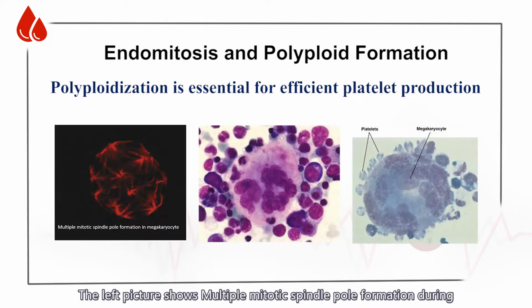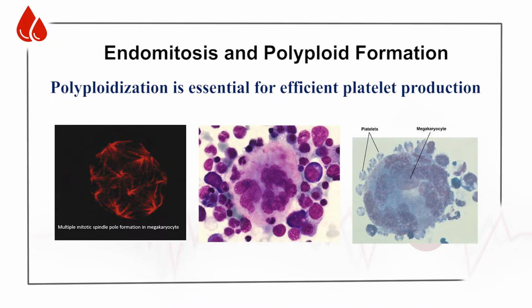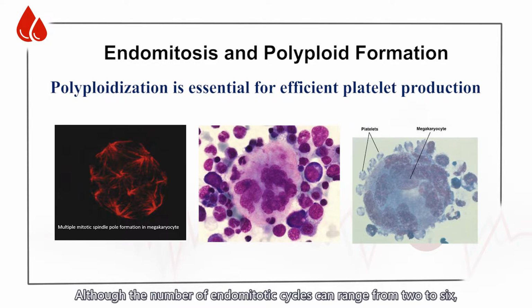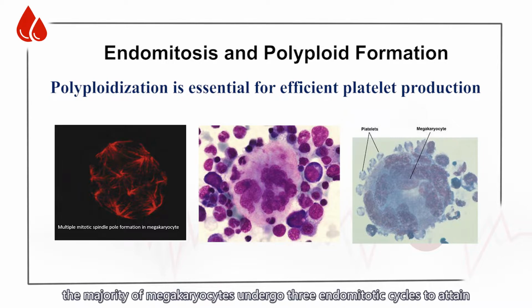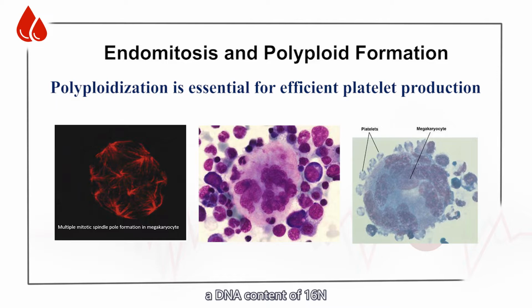The left picture here shows multiple mitotic spindle pole formation during the endomitotic process of thrombopoietin treated megakaryocytes. Although the number of endomitotic cycles can range from 2 to 6, the majority of megakaryocytes undergo 3 endomitotic cycles to attain a DNA content of 16N.